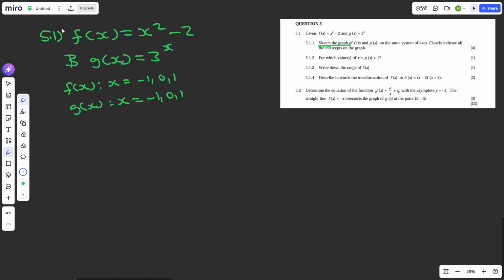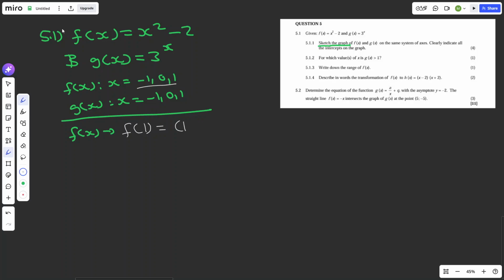So now let's take this one step at a time, right? Let's look at f of x first. Let's start with these values that we listed. So f at 1 is equal to x squared minus 2.